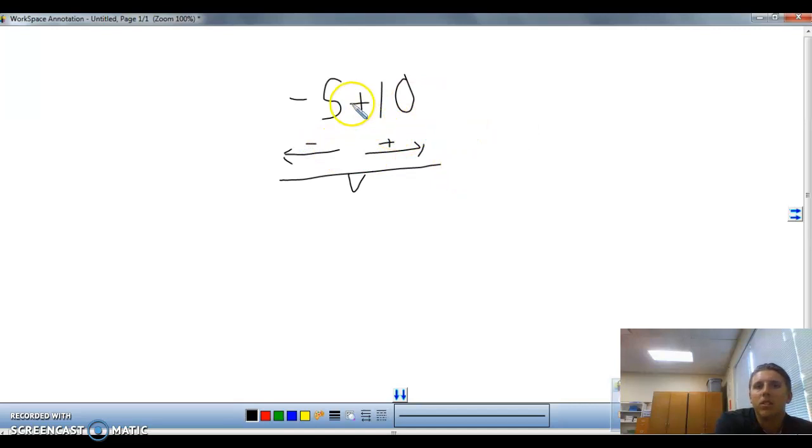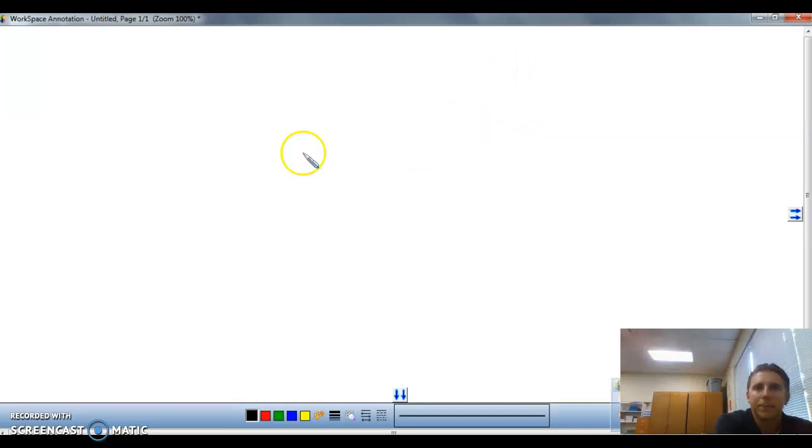When we're adding numbers, we look at who has more, team positive or team negative. Well, in this case, who has more? We've got -5, so team negative's got 5, team positive's got 10. Who has more? Team positive has more. Well, how much would they win by in this case? They would win by 5 people, right?